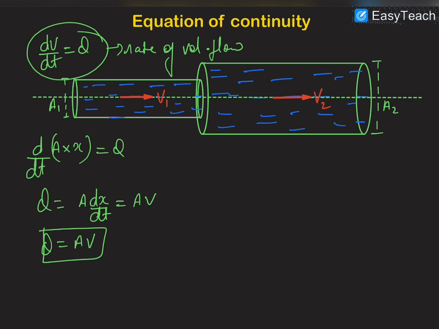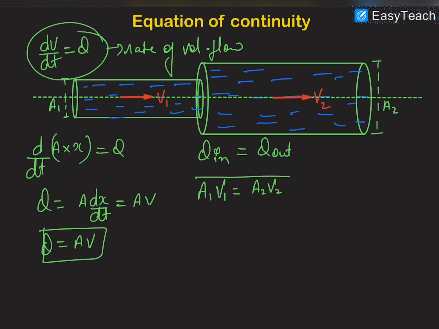So according to the equation of continuity, the amount of volume entering per second into the pipe will be equal to the amount of volume leaving per second through the pipe. In this scenario, the entering volume per second will be A1 V1 and the volume leaving the pipe per second will be A2 V2.